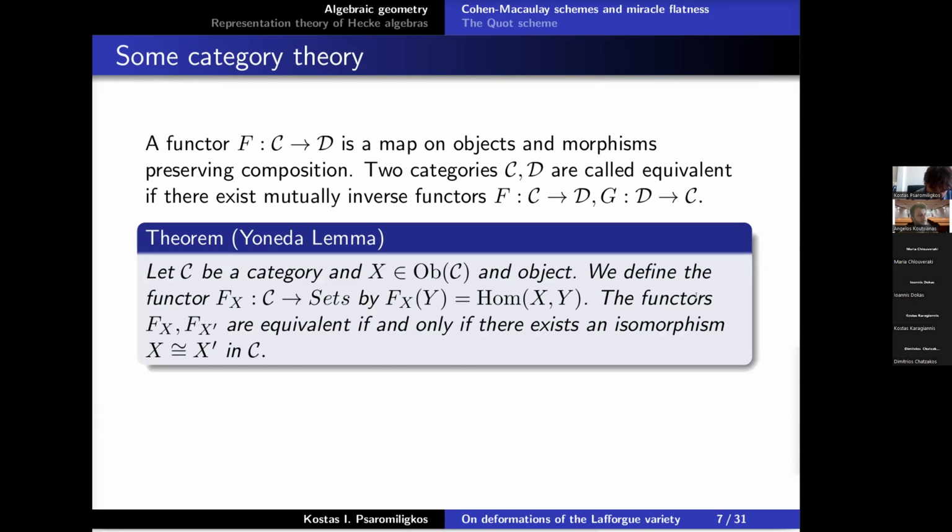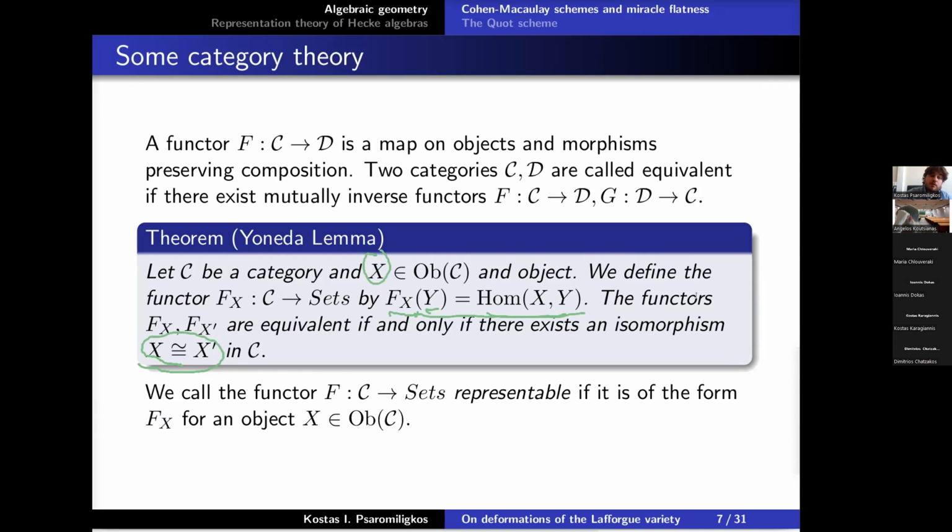It says if you have a category and you specify some object, you get this functor, the functor that takes any other object and gives you the morphisms between them. If you know this functor, then you can uniquely determine the object. So if two supposedly different objects give the same functor, they have to actually be isomorphic. And we will call a functor representable if it comes from this construction.